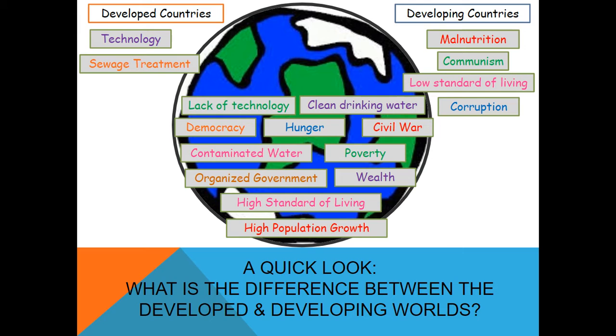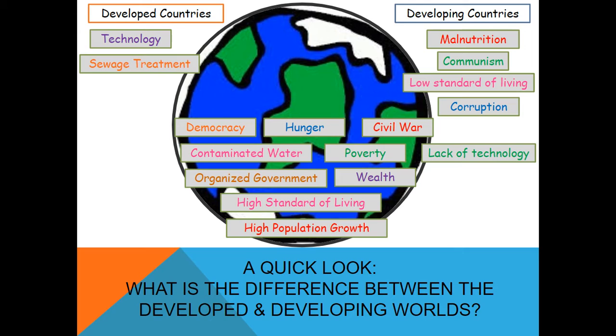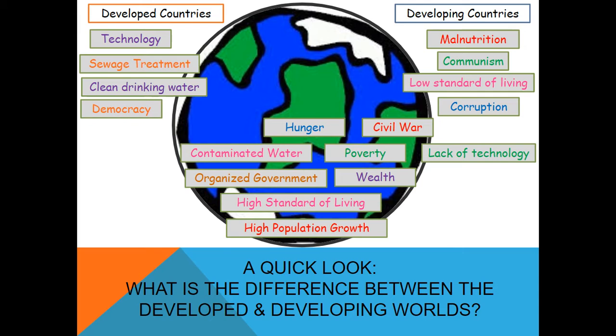A low standard of living, we'll talk about what that means. A lack of technology, lack of access to the internet, Wi-Fi, lack of, if you're a farmer, lack of knowledge of the newest types of fertilizers and seeds and pesticides. Clean drinking water would be found in developed countries. Now, it's not to say there's no clean drinking water in developing countries, but it's just much more common there.